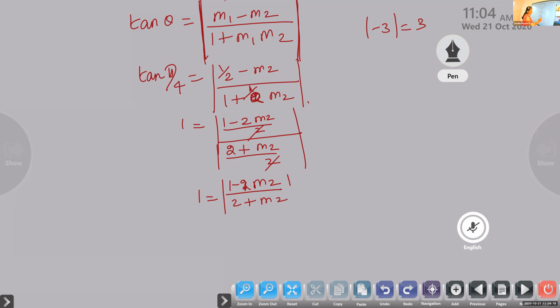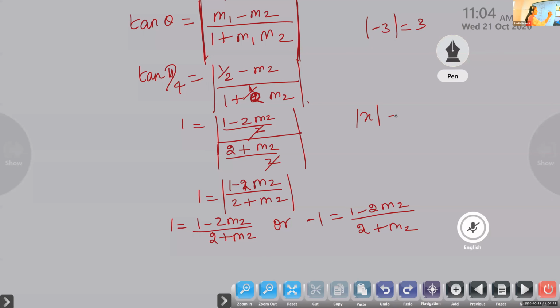Why are we taking modulus? This may be positive or negative. So here we have to consider two cases. That implies 1 is equal to 1 minus 2 M2 by 2 plus M2, or minus 1 is equal to 1 minus 2 M2 by 2 plus M2.